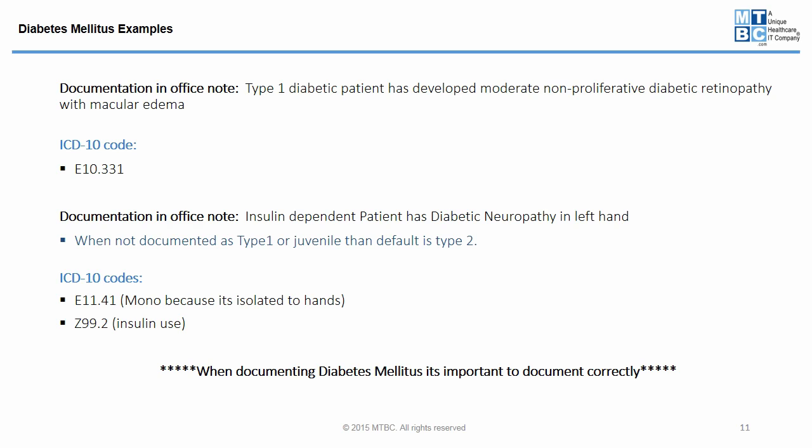We need to know the patient's on insulin, and then we should be adding the insulin use code when coding, which again is risk adjustment for internal medicine, so that's important. So it is extremely important to document correctly, okay, especially for diabetes, because there are so many complications that could happen, and there is high risk adjustment scoring for it.